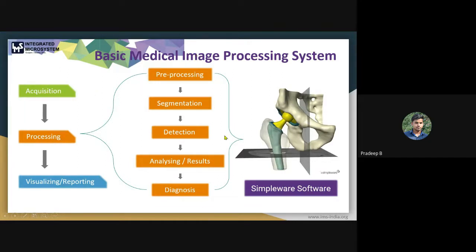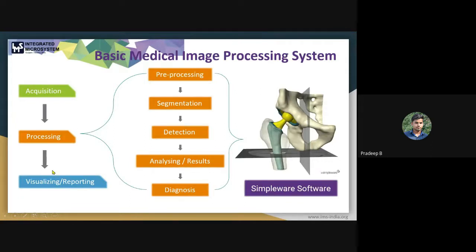This processing step has many steps. The first is pre-processing, then segmentation, then detection, then analyzing the results, then diagnosis. All these steps can be covered in this Simpleware software. You can see how we have created this 3D model.